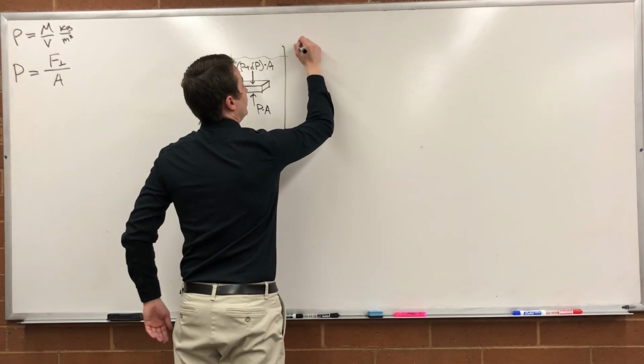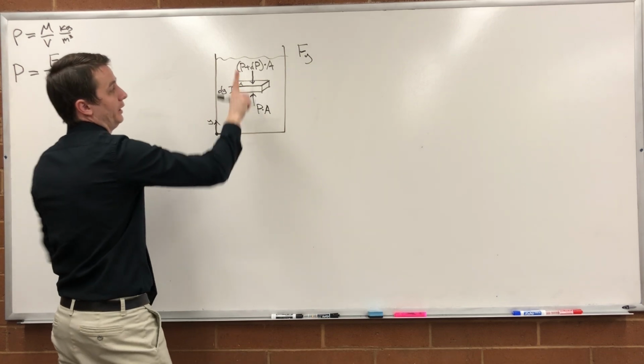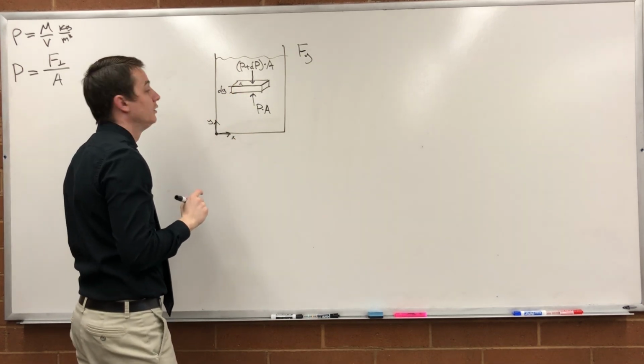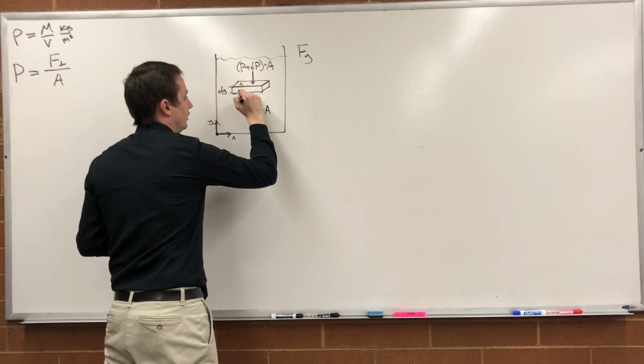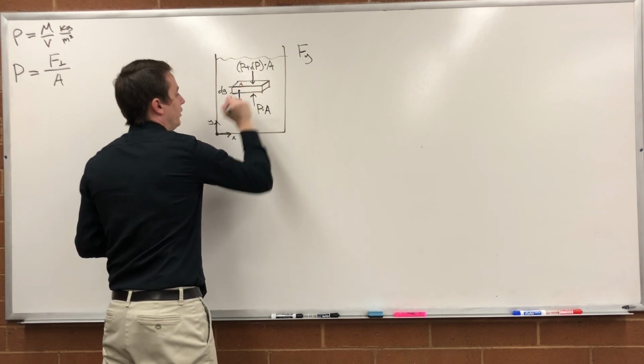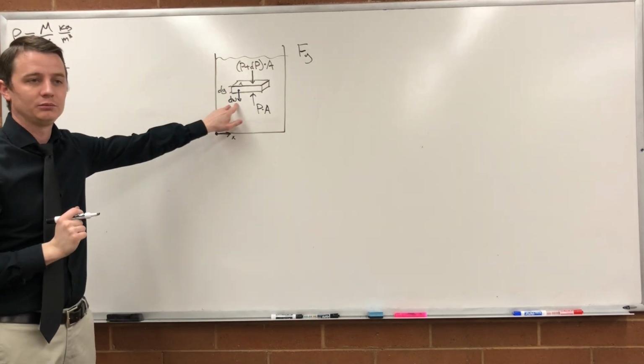So if we look at all the forces in the y direction, what about the weight of the water? Yes, I was going to write that in there. We also have the weight of the water pushing down with dW. Since this is an infinitesimal bit of water, it has an infinitesimal weight dW.